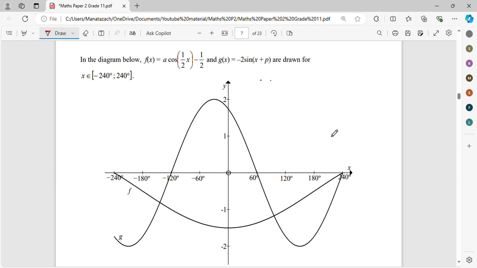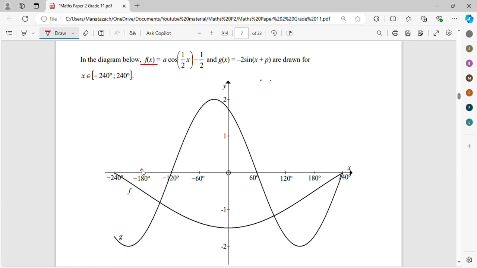Today I'm gonna do a very short video on trigonometric ratio graphs of cos and sin. So let's start with it. In the diagram below you have the function f, right?